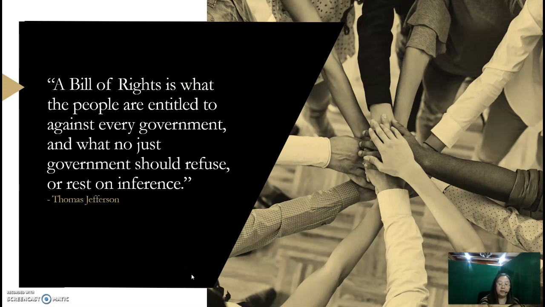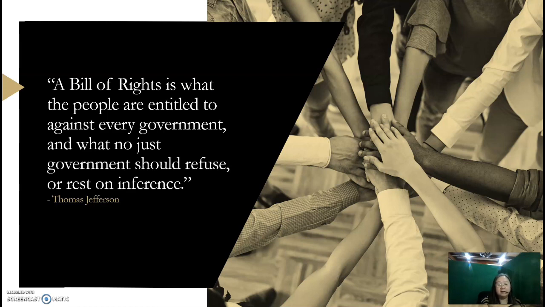Having laid down the basic discussion on the state and the Constitution, we are now ready to delve into the discussion of the Bill of Rights. Let me read to you first a quote from Thomas Jefferson.